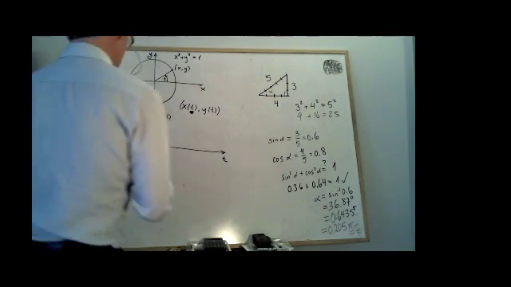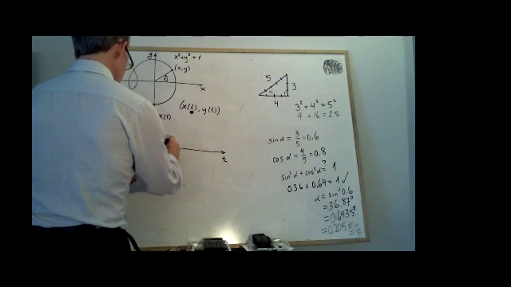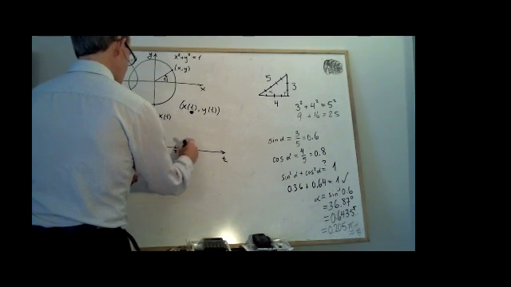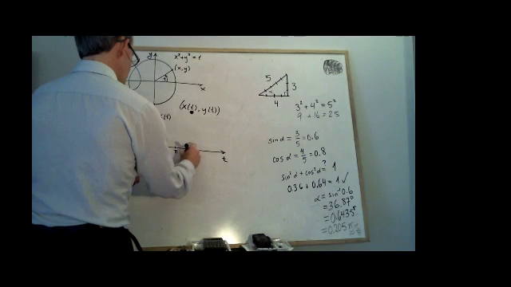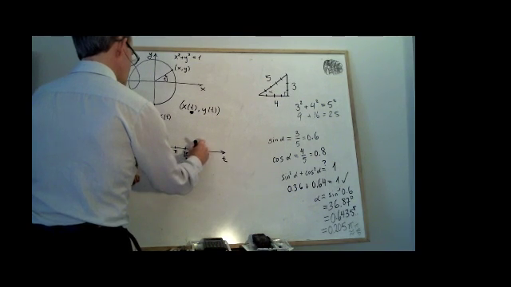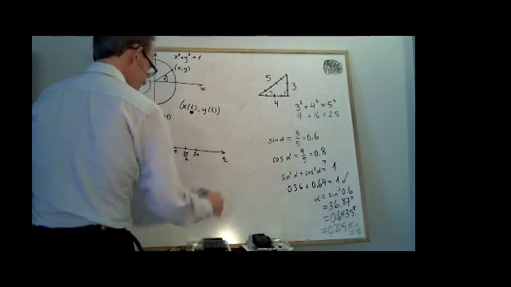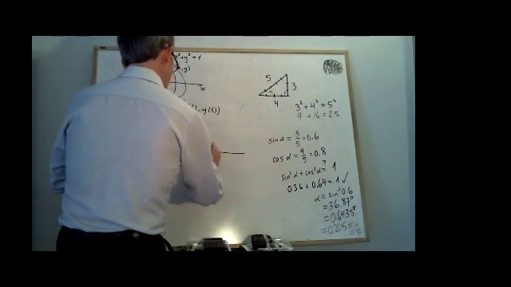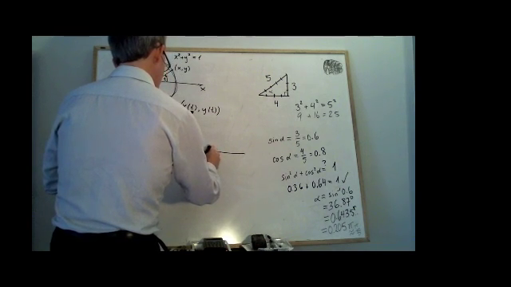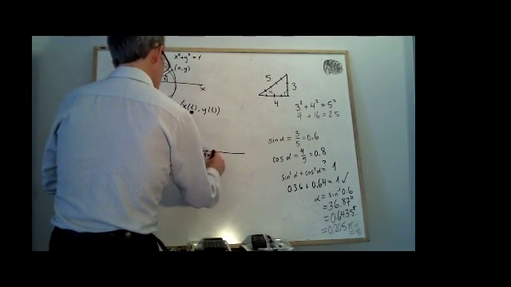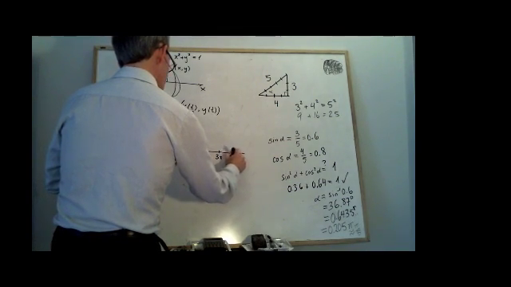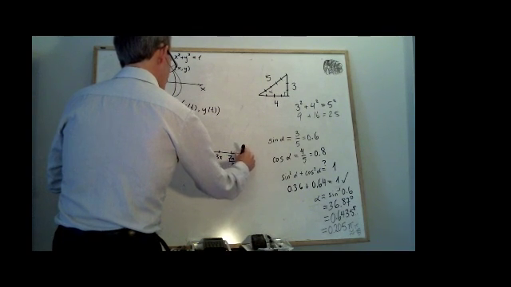Okay, so I want to draw enough points here that you can see the idea. So this is going to be pi over 2. This is pi. This is 3 pi over 2. And this is 2 pi. And then it continues, so I'll have to extend my graph, pardon me. It goes to 5 pi over 2, 3 pi, and then 7 pi over 2, and then 4 pi.